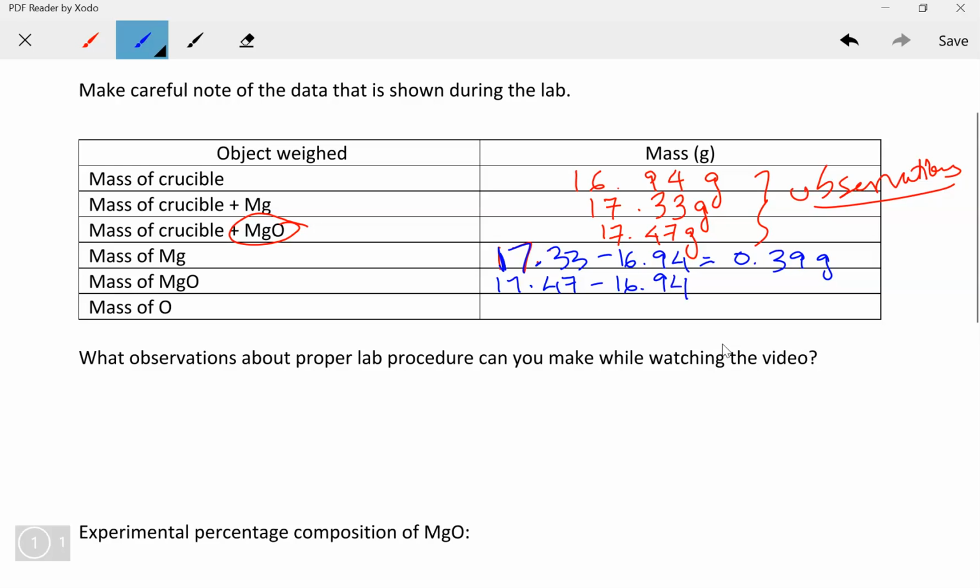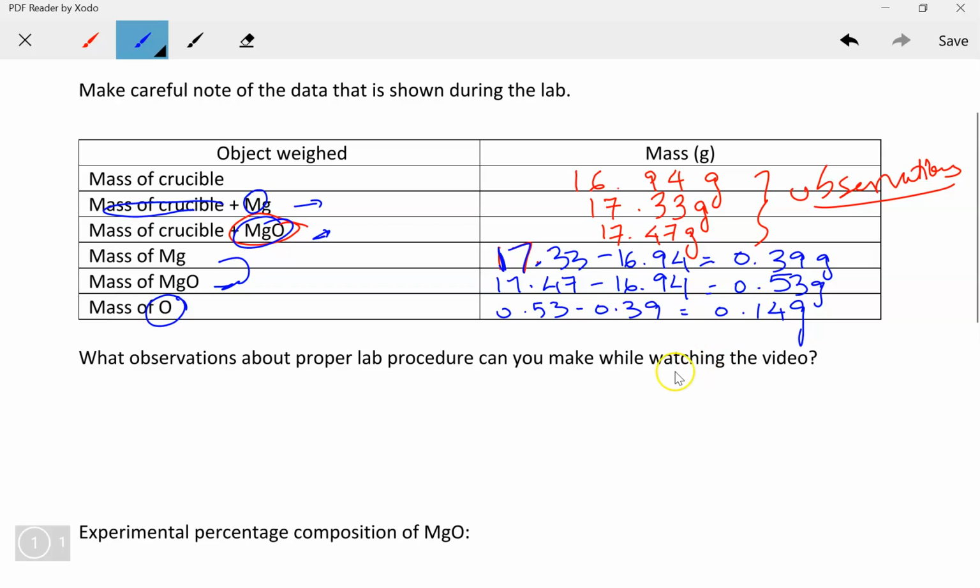You can see that I'm just subtracting the mass of the crucible from this value and this value to get my magnesium and my magnesium oxide values. So this was 0.53 grams. And so my mass of oxygen was magnesium oxide minus magnesium. 0.53 minus 0.39, which is 0.14 grams.